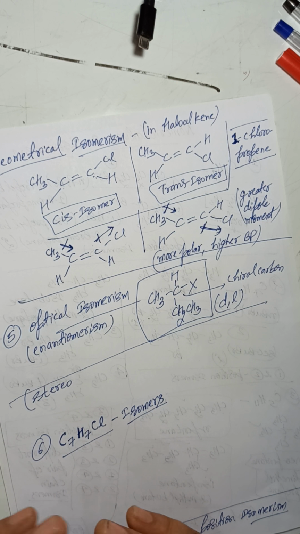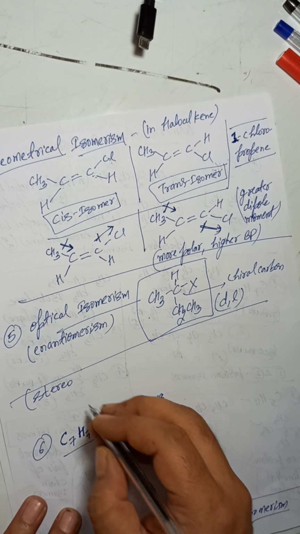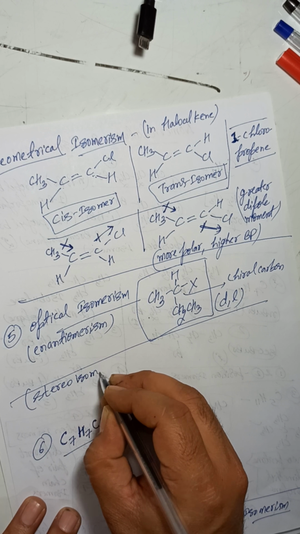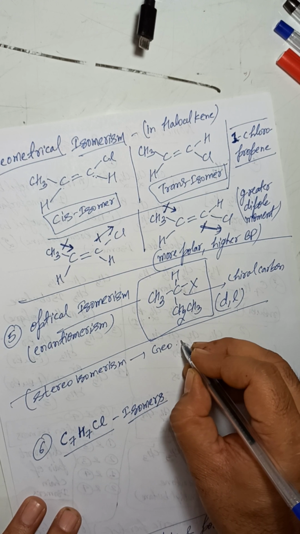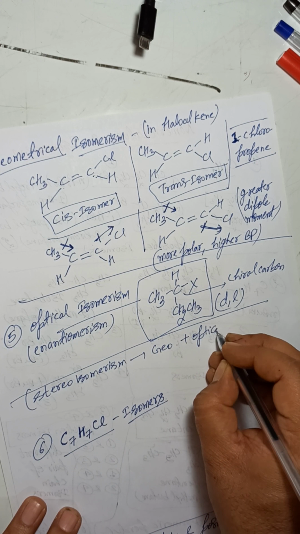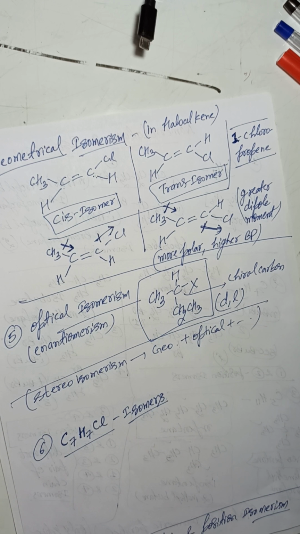But whenever they say find the number of isomers, you have to include even the geometrical and the optical. Whenever they say find structural isomers, then you only find the number of structural isomers like chain isomers, position isomers, etc. Stereoisomerism involves geometrical, optical plus conformational, but let's just focus on geometrical and optical.